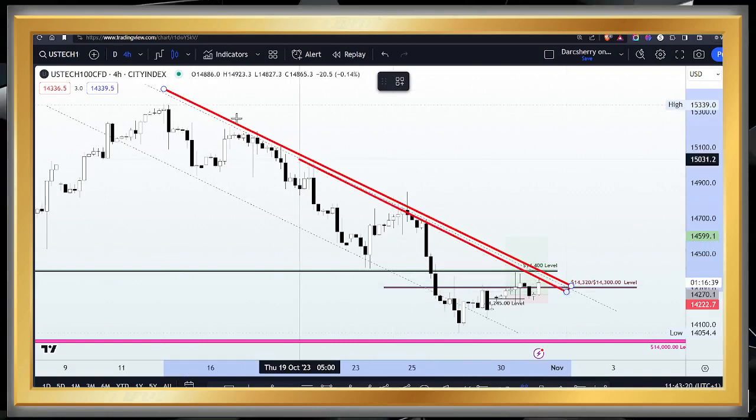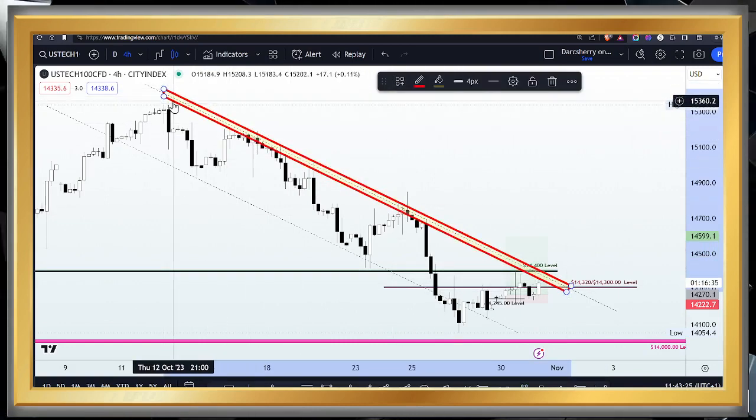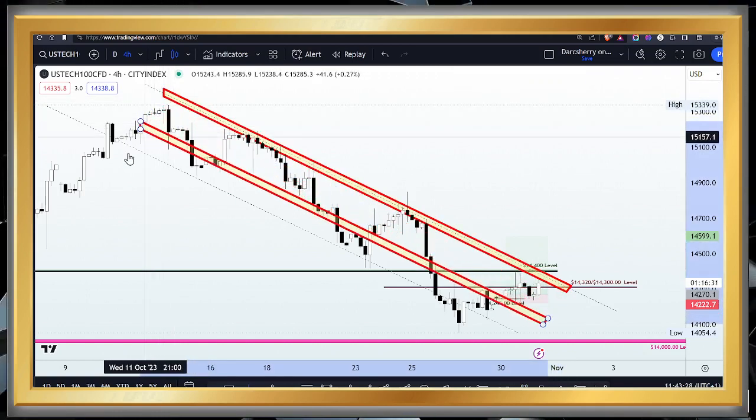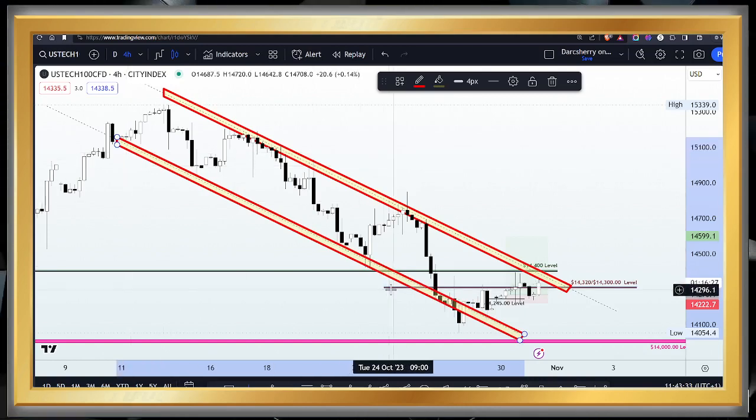You can see after connecting the series of lower highs, we have the resistance line of that descending channel. And when we connected the series of lower lows, we have the support line of that descending channel.